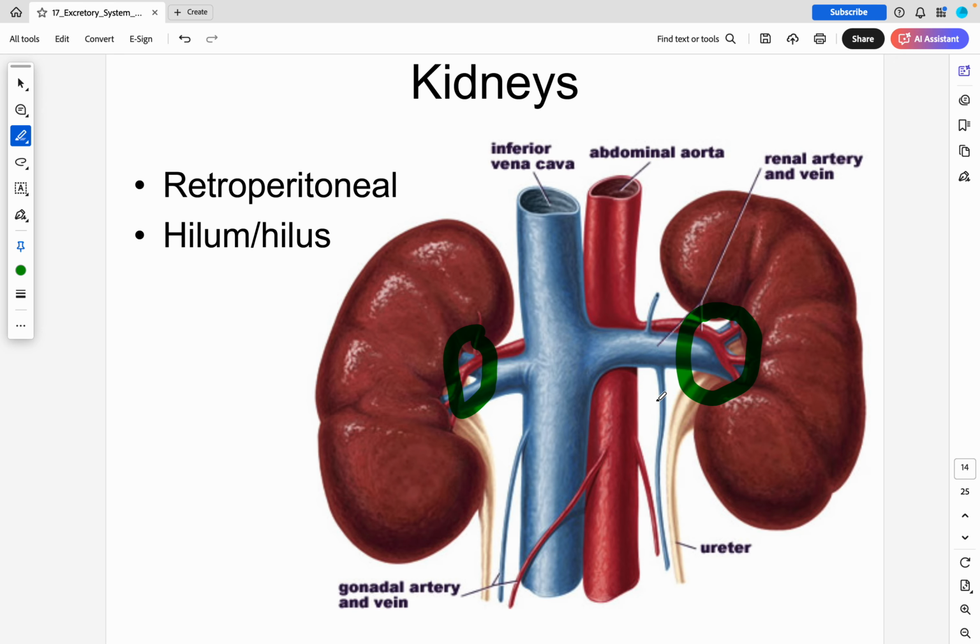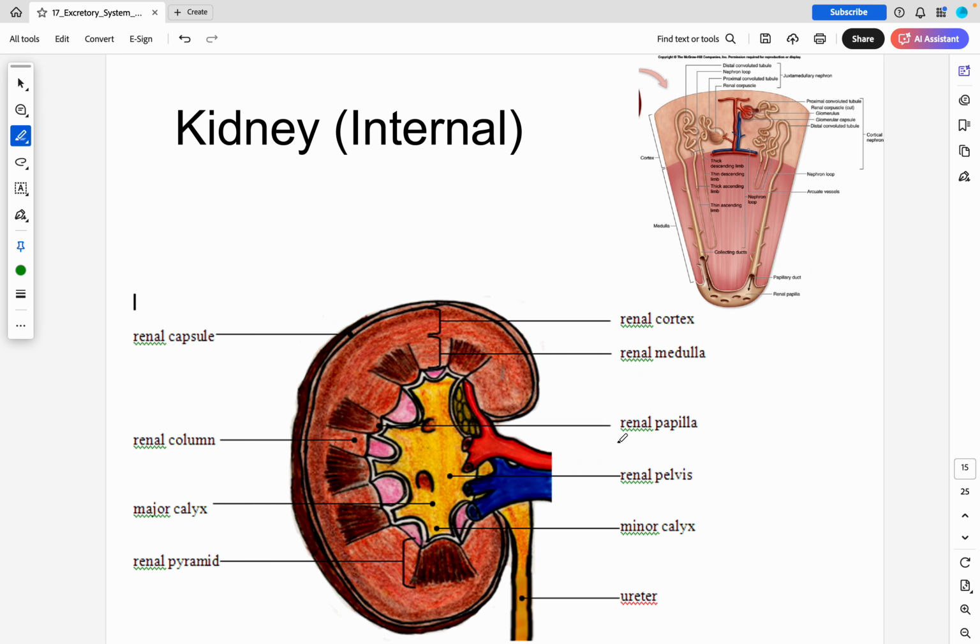Internally, if we cut through the kidney longitudinally, this is how its internal structure looks. There is the renal cortex and the renal medulla. The renal cortex is the outside structure.